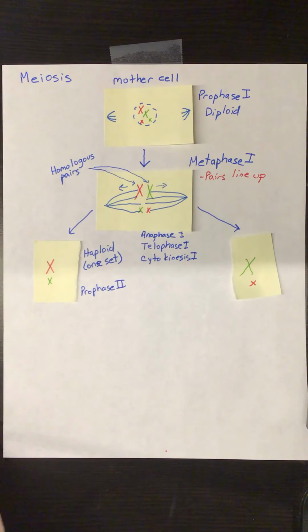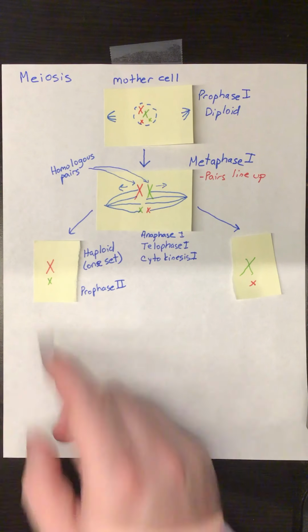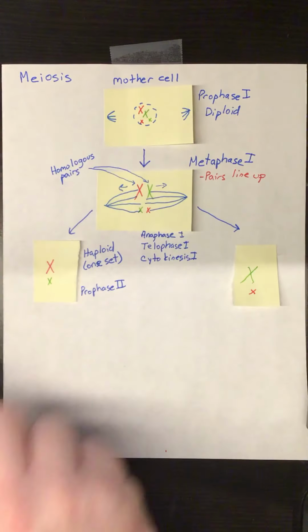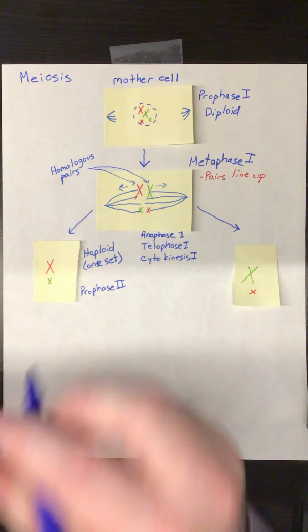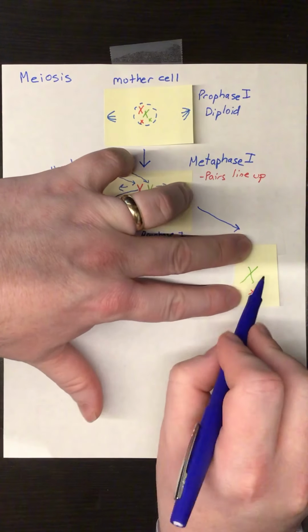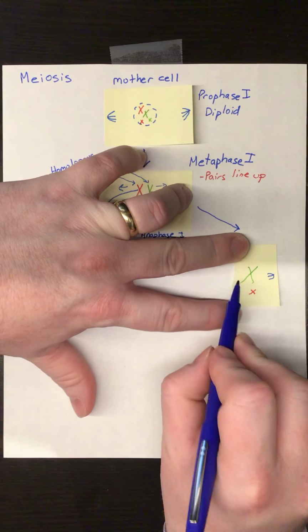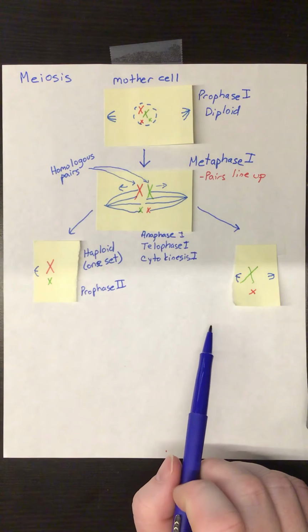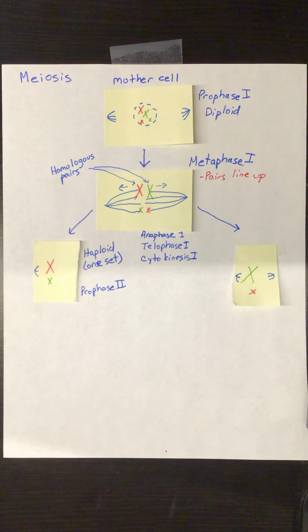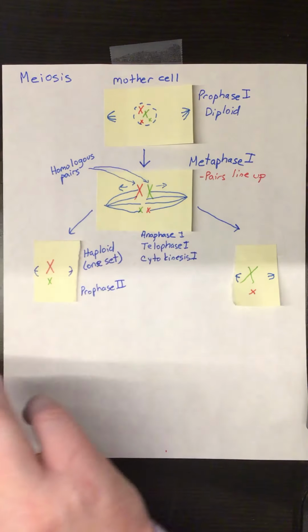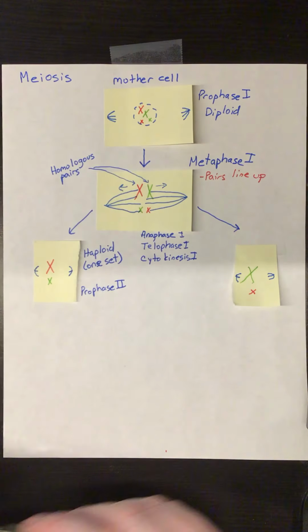So we skipped a couple of steps here, but what you can see is that the DNA is organized in a packed way, and now we'd start to get a mitotic spindle forming on either side. And that mitotic spindle is going to help organize these chromosomes along the middle of the cell. So let's take our next post-it.